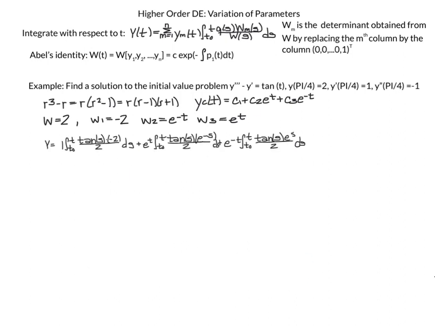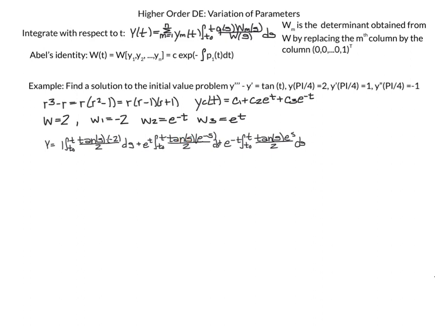Now that I have all the components solved for, I can plug into my equation. When m is equal to 1, I get y1, which is just 1. Then g of s is tangent of s. W1 is minus 2 over the Wronskian 2. Plus, now I plug in m equals 2. I have y2 is e to the t. The integral g of s is just tangent of s.